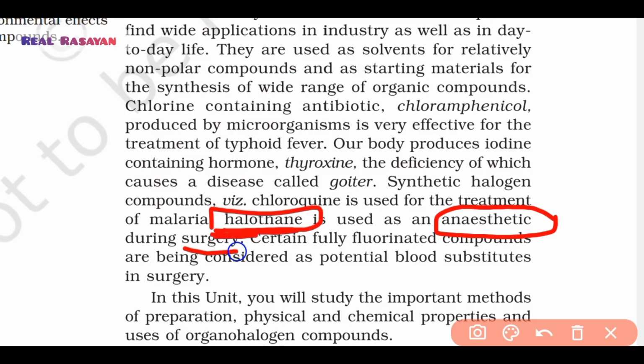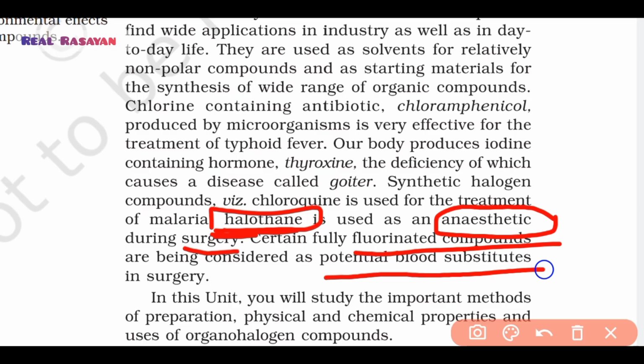And then fluorinated compounds are considered as potential blood substitutes in surgery. Although fluorinated compounds are very dangerous to be used directly, certain fully fluorinated compounds are being considered as potential blood substitutes in surgery. They are very effective.